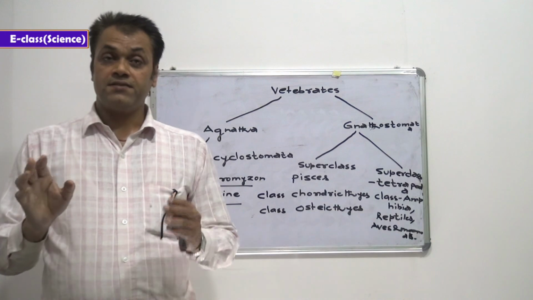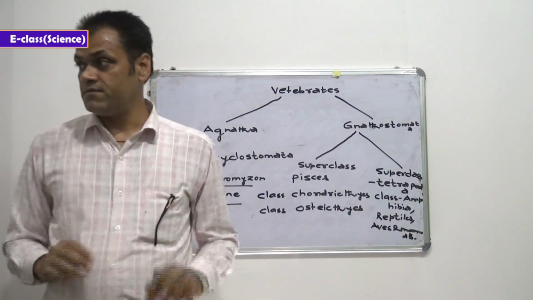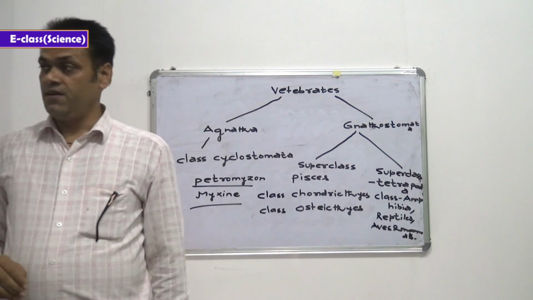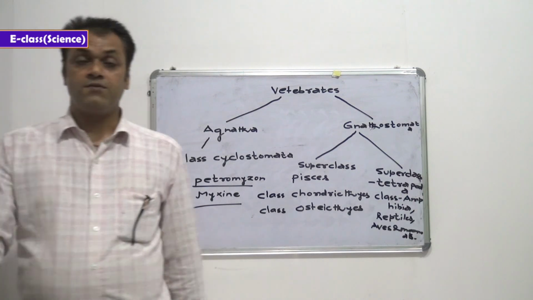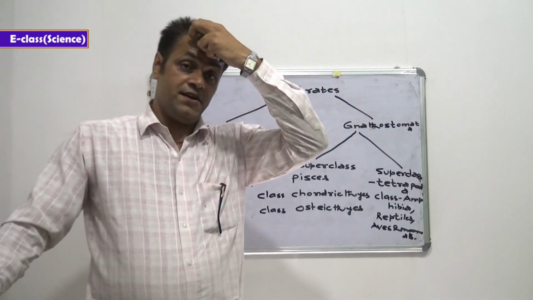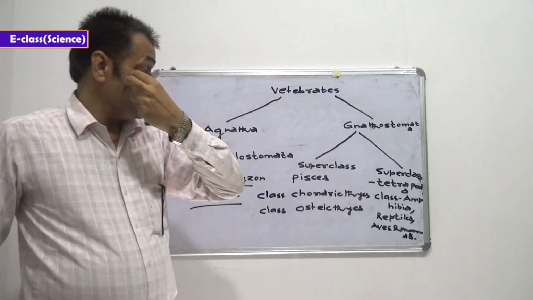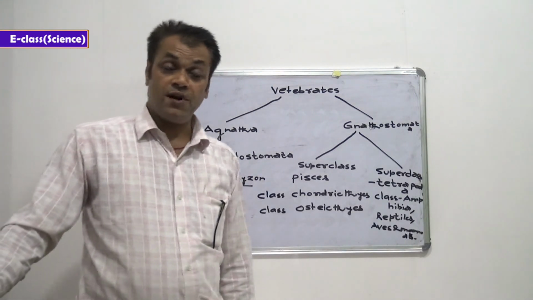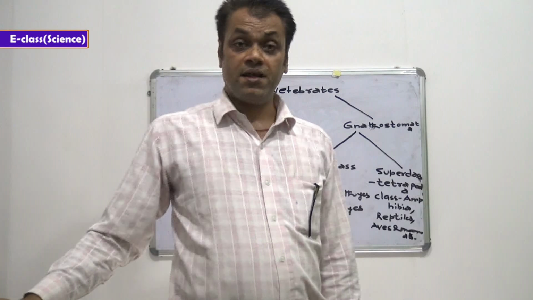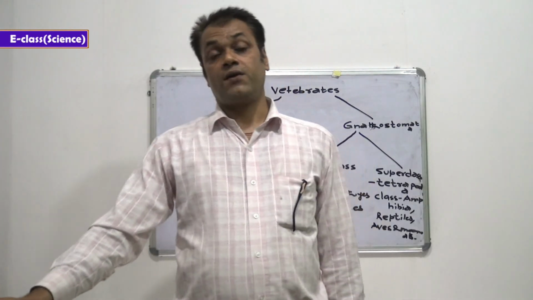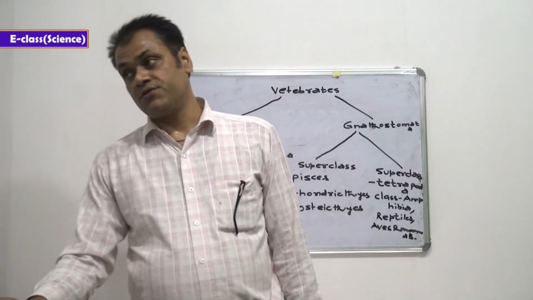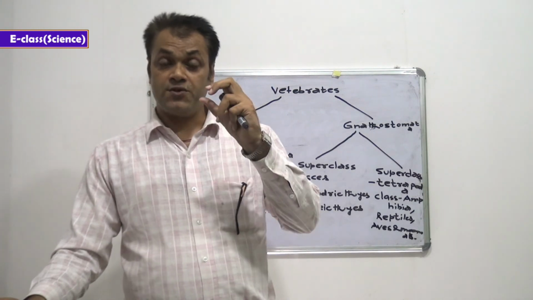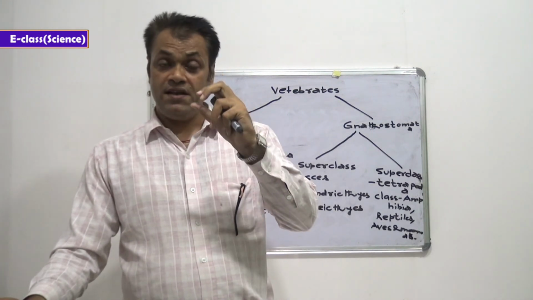Now, in fishes, their body is covered by waterproof scales. What is the reason behind this? Because waterproof scales prevent rotting and decaying of their body inside water.